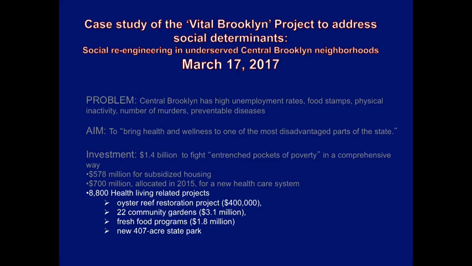For the housing, they are going to do all these projects. There is $400,000 for some reef project restoration. There are 22 community gardens to be built. I believe about 800,000 or so new housing units are to be built in Brooklyn, to house new people, all right?